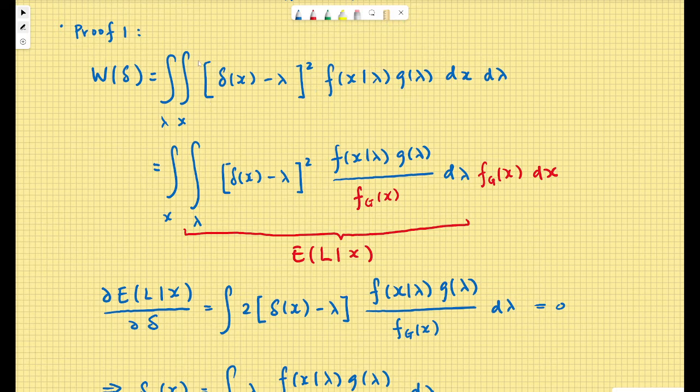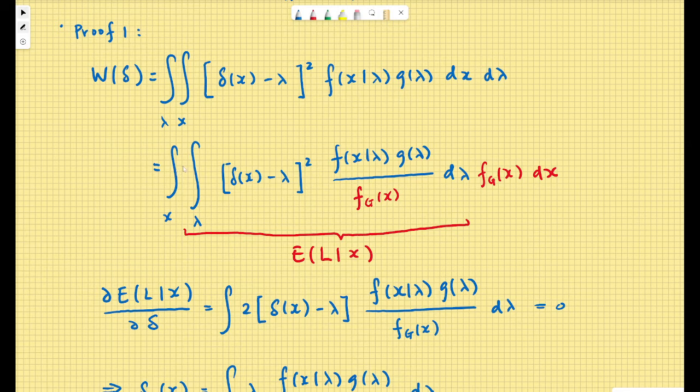And in particular, the loss function here is the quadratic distance between the decision and the parameter. Okay, then let me change the order of the two integrations because we want to derive what is the decision delta for each value of x.